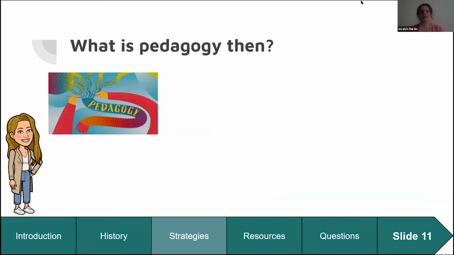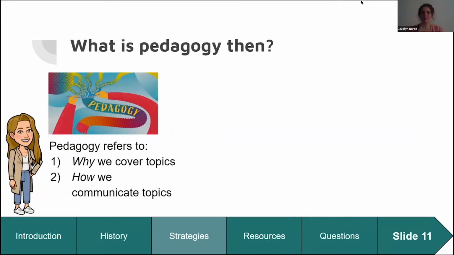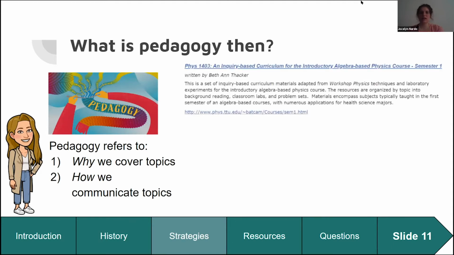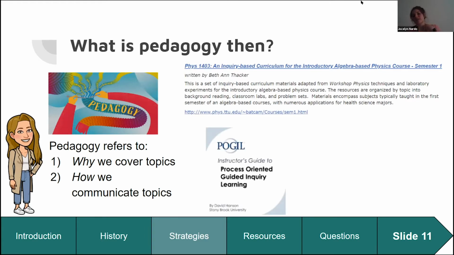And then when we think about pedagogy, it's why we cover topics and how we communicate those topics. Again, there are a ton of different strategies to do this. There are a lot of inquiry-based curriculums, and process-oriented or guided inquiry approaches. Those are a little bit more difficult to do within COVID times.